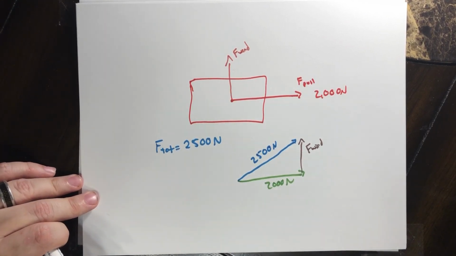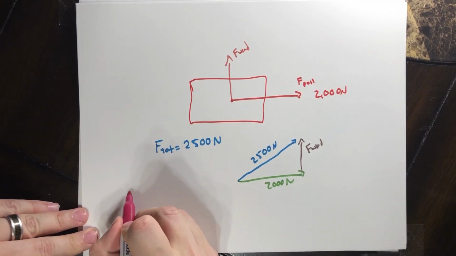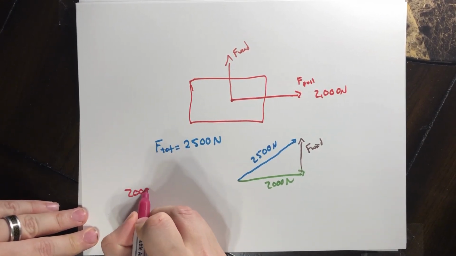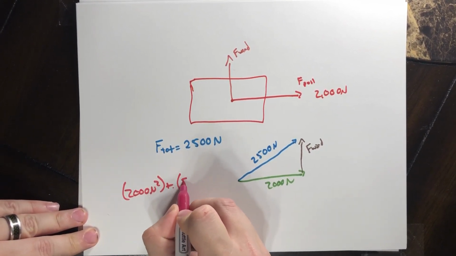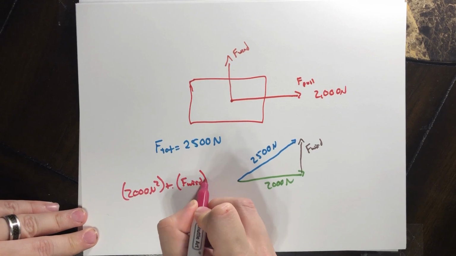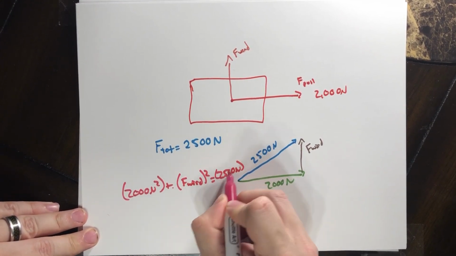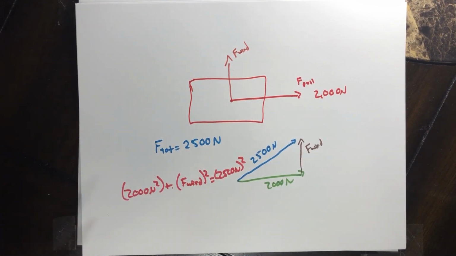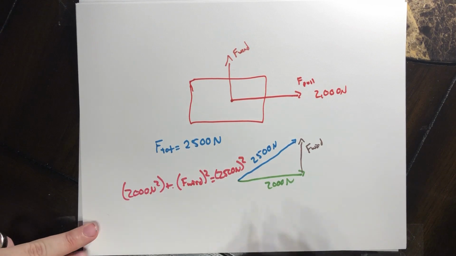So I'll put that down here. We know that 2,000 newtons squared plus F wind squared equals our 2,500 newtons squared. Do a little bit of algebra here. I'm going to subtract that to the other side and then take the square root.